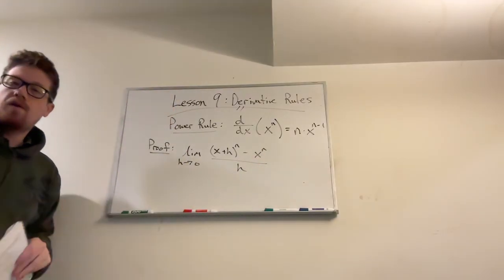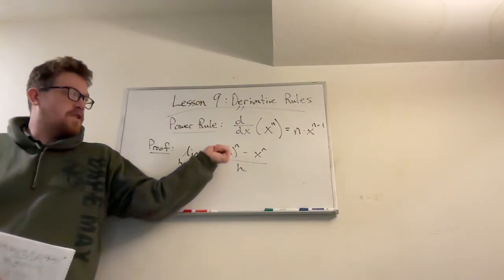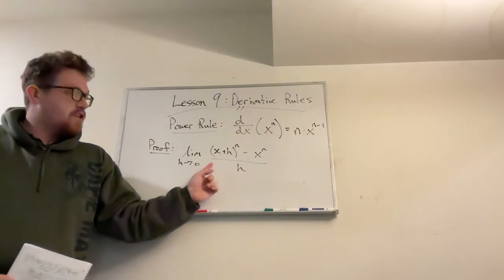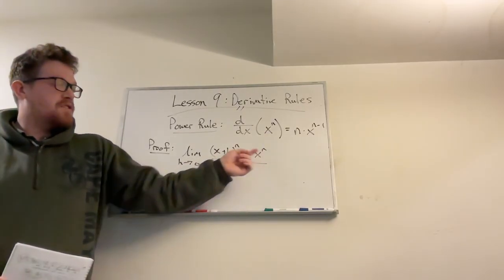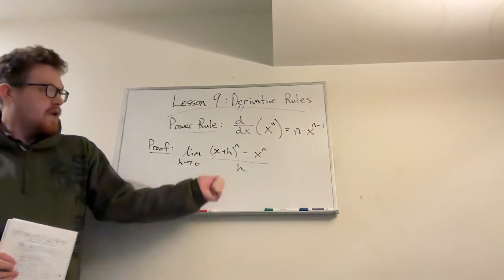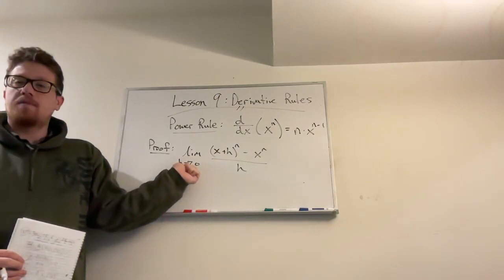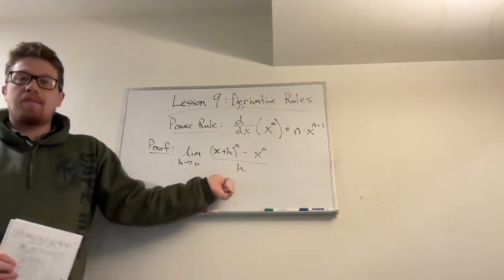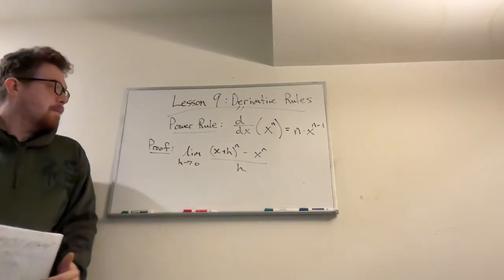This was our definition of a limit, right? It's the function with x plus h plugged in, minus the function with just x plugged in, after we step some small h amount. And then we take the difference of these two and divide by h, whatever that small number is.